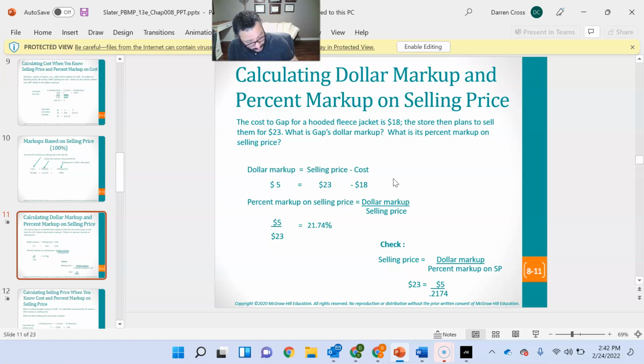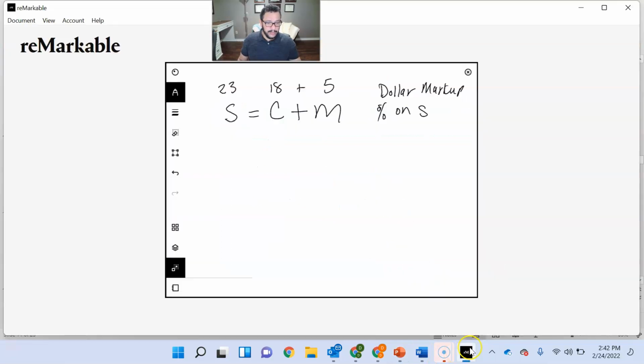Let me do it somewhere else here. The dollar markup and the percent markup on price. All right, so they want to know dollar markup and the percent markup on selling price.